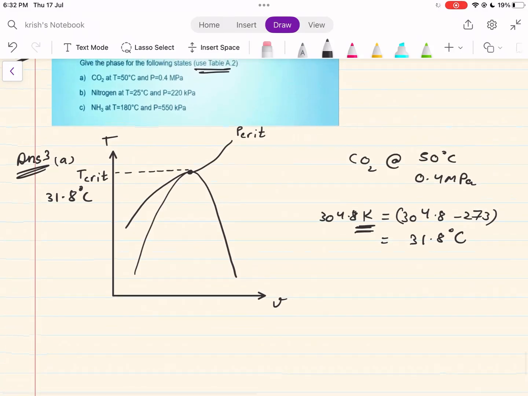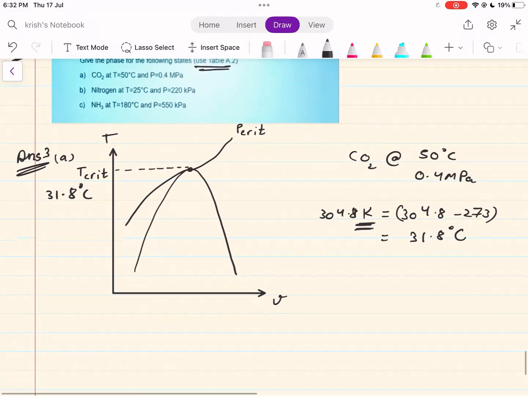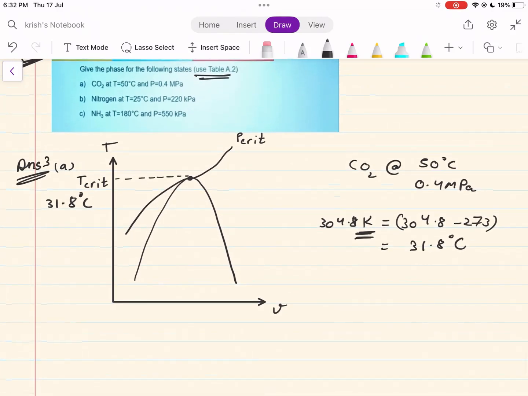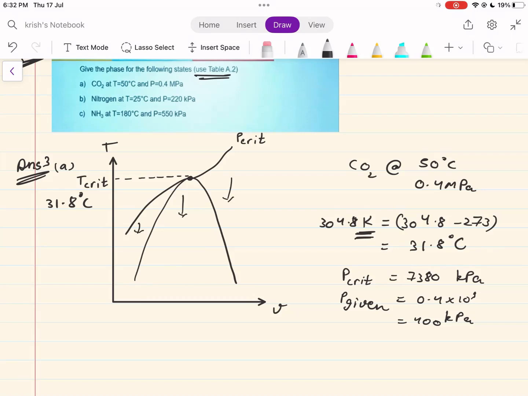So now a given temperature is higher, and a given pressure is lower. So real quick, P crit value is 7380 kilopascal, a huge value, and P given is 0.4 into 10 to the power 3, which is 400 kilopascals, which means a constant pressure line will be drawn somewhere below this critical pressure line, right?